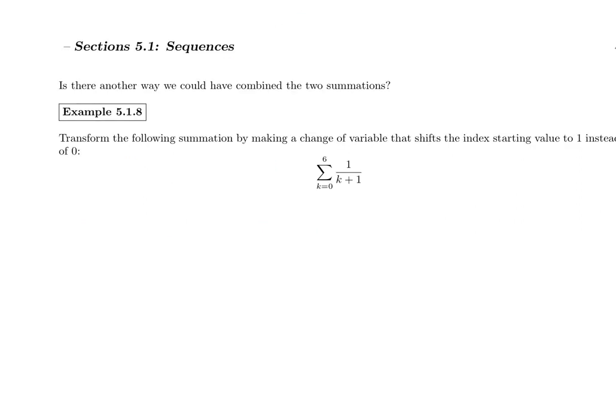So we're going to transform the first summation, the 0 to 6. We're going to transform it to starting our lower limit at 1 instead of 0. So how can we do that? We call this a change of variable.